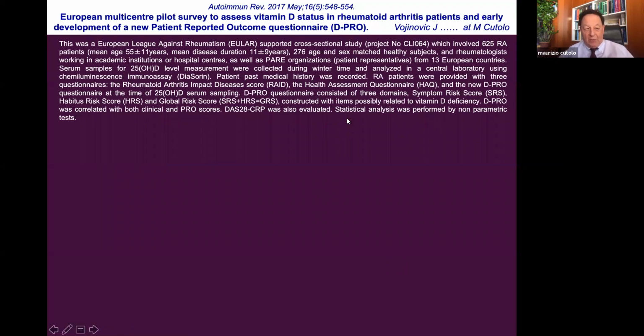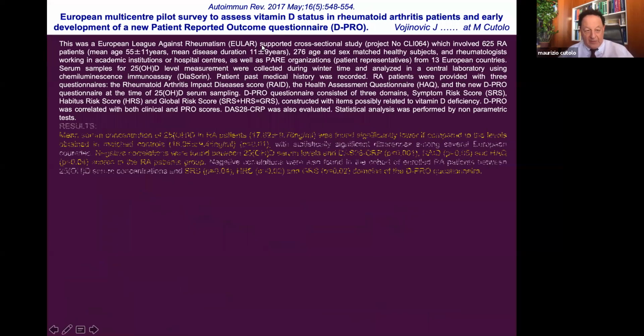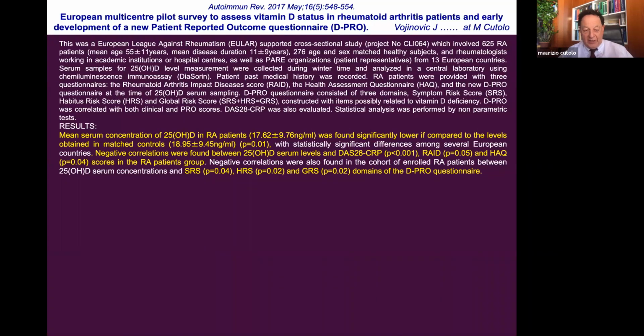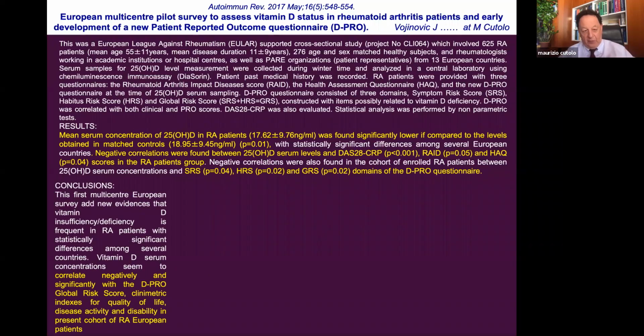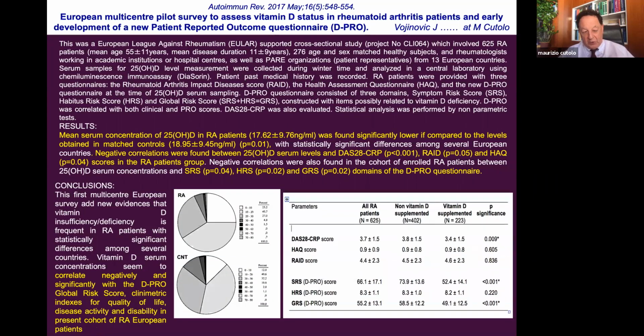We produced a study with EULAR as a supporter, looking at risk factors or clinical conditions that may tell us, be careful, you have a deficiency of vitamin D. At the end of this study, looking at symptoms like nail fragility, hair fragility, use of milk, and so on, we found that vitamin D serum concentration was negatively correlated with the global risk factors and with the quality of life, as well as, in a cohort of patients with rheumatoid arthritis, with the clinimetry that includes the DAS score.